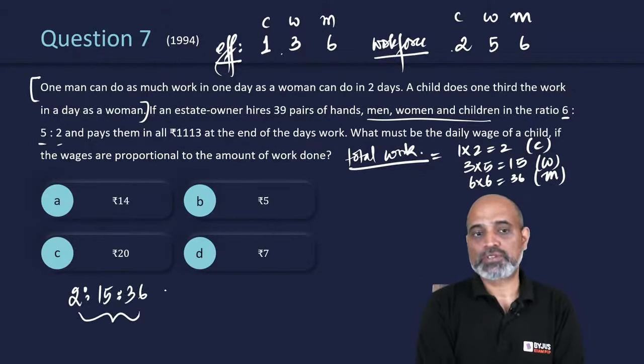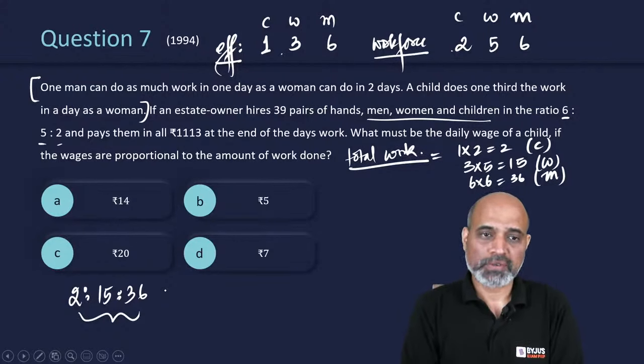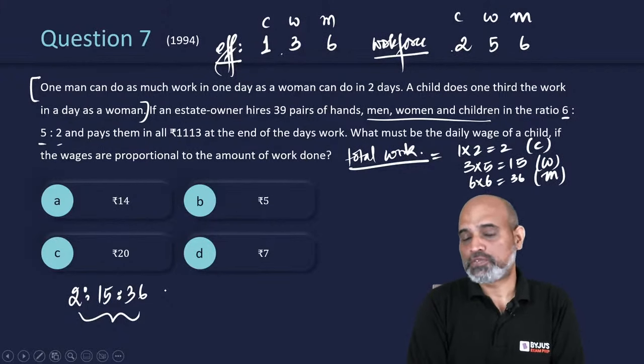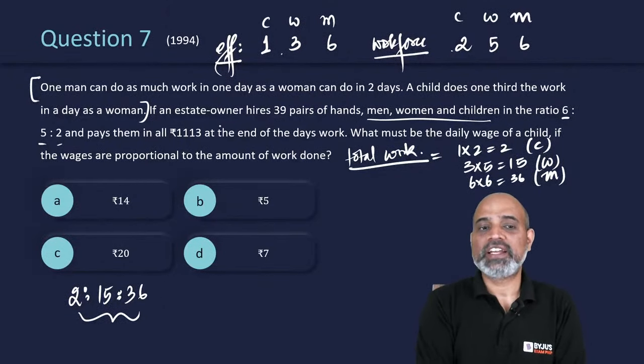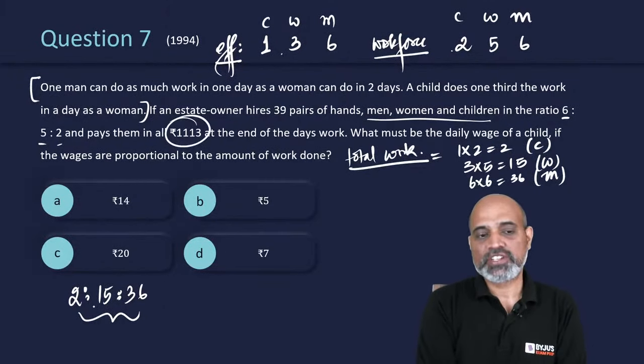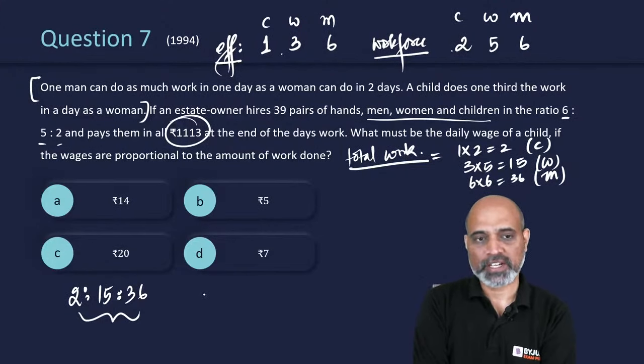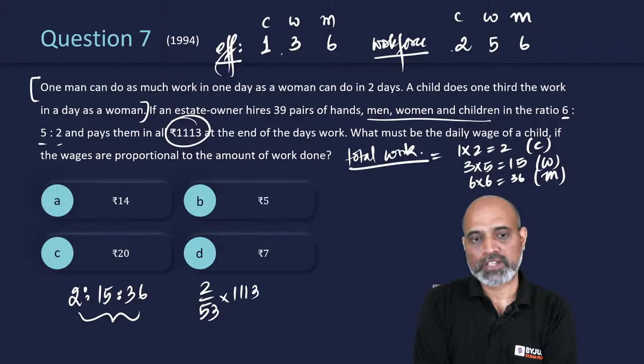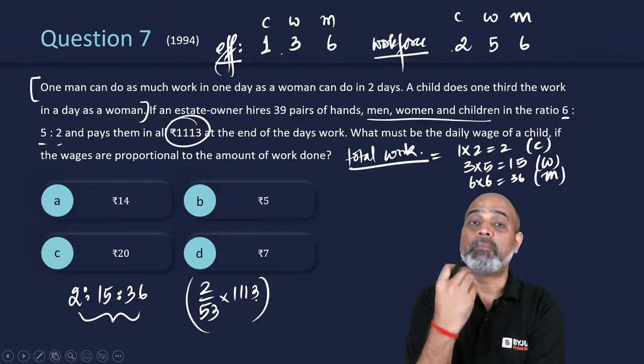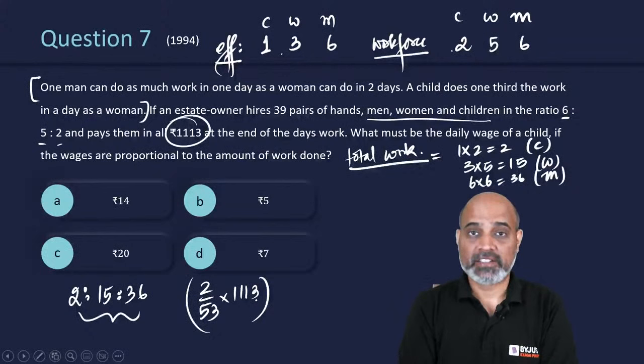अगर 2:15:36 है, तो हाँ, children का share कितना होगा? Can I say children's share will be 2 out of 36 plus 15 is 51 plus 2, 53, right? So 2 out of 53 of 1113. So this is the amount of money the children get. The entire group.